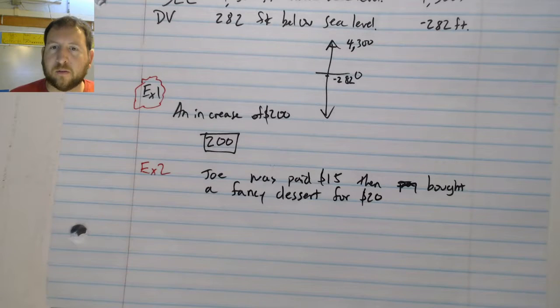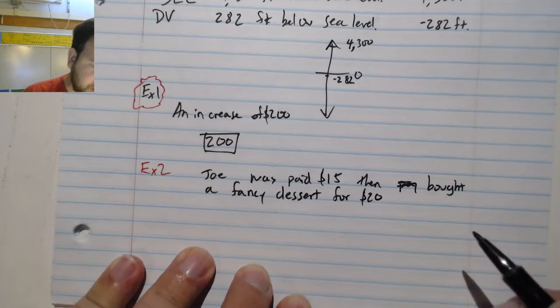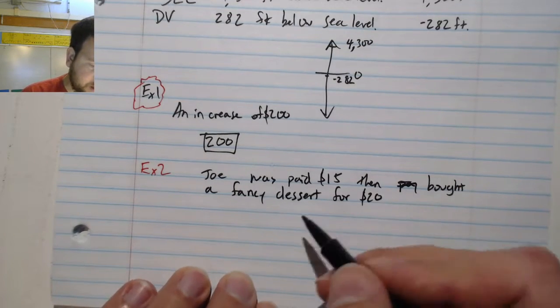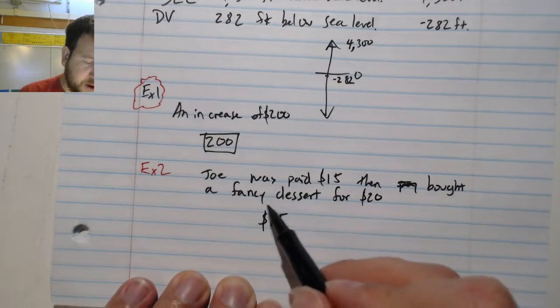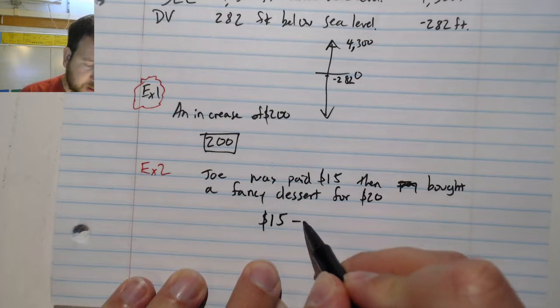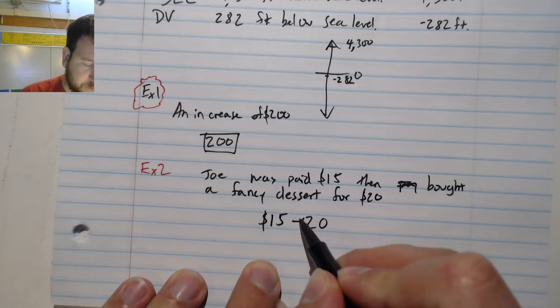How would we represent this as a total? And I can write this as two integers and an operation. So if I say he was paid $15, that is positive. Then bought a fancy dessert for $20. Then I can say minus 20.